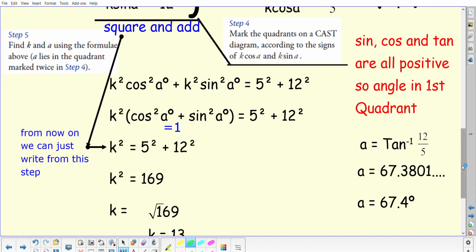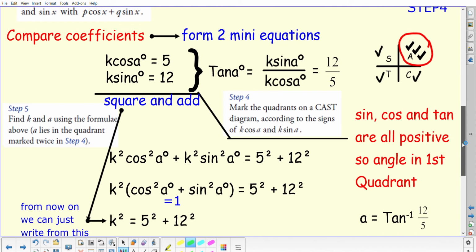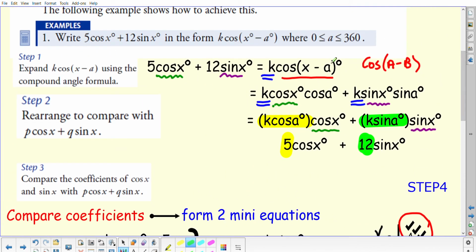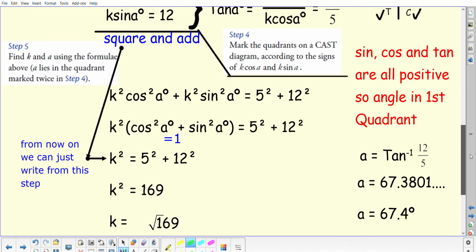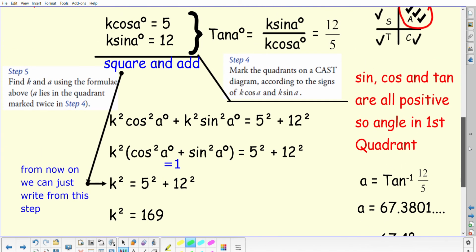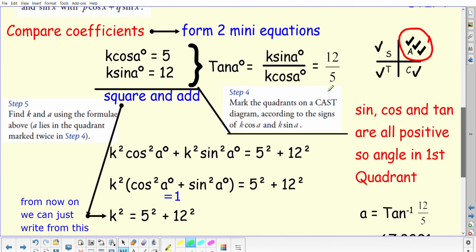So that's how you work out the angle for our wave. So what we've been able to work out here is this. We now know that this cos function has been shifted to the right 67.4 degrees.